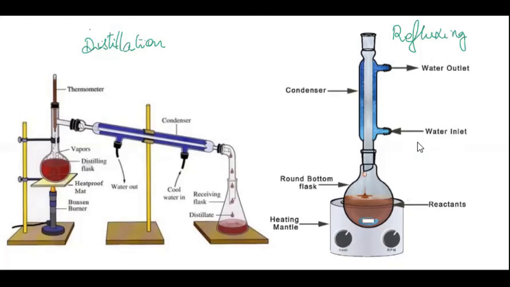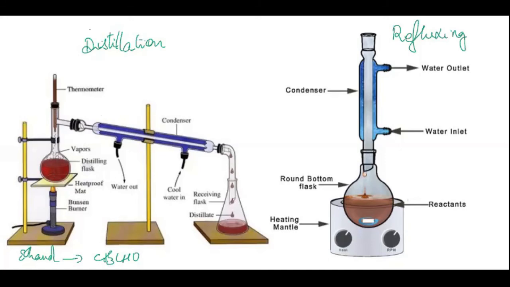So how does this difference in the arrangement help us in our reaction? If the ethanol and potassium dichromate mixture is taken in the round bottom flask and kept for distillation, the ethanol will be oxidized to the aldehyde, which is CH3CHO, or ethanal. The aldehyde has a lower boiling point than the alcohol.